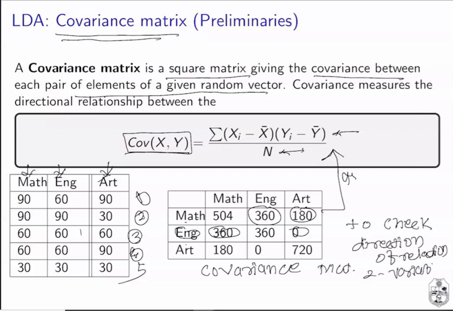Like in this particular example, suppose the direction of the relationship between math and English is the positive one. That is, the math 360 marks are there. So this is the way in which one can calculate the covariance matrix. There are many mathematical programming libraries which help you to calculate the covariance matrix.